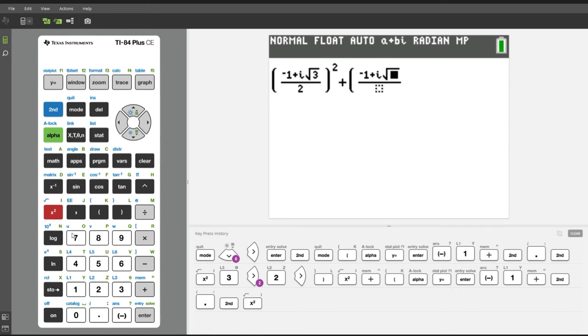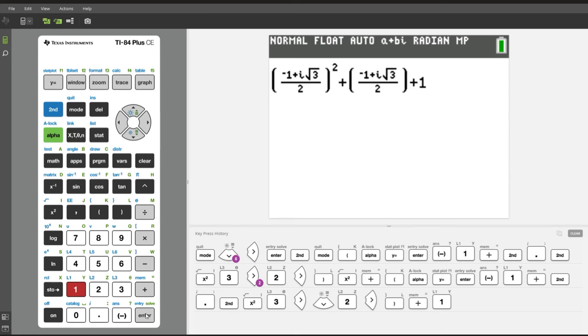As far as I know, there's no copy and paste on the TI-84, so we can't just copy that. Go to the denominator, close the parentheses, and don't square this one. We only square the first one because the equation said so. And now we add 1, and we want to see if this is equal to 0, if it is a solution to the equation.